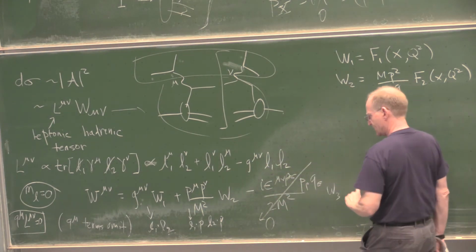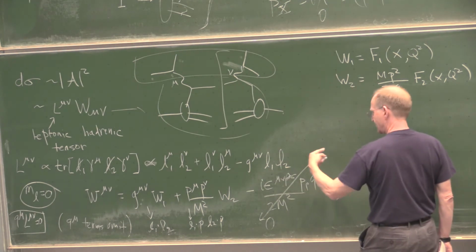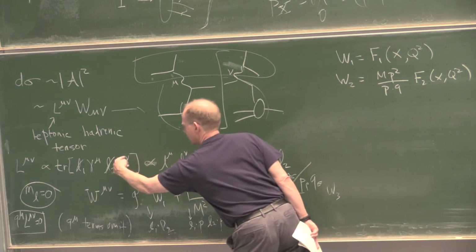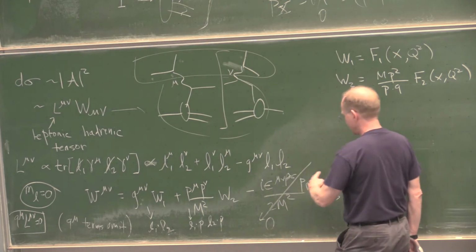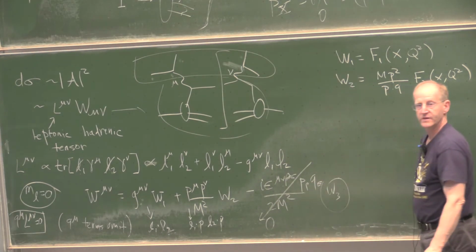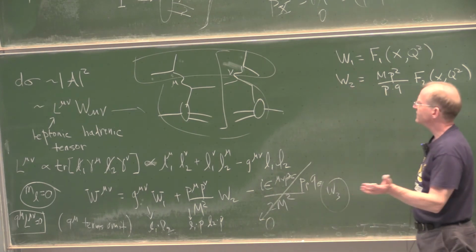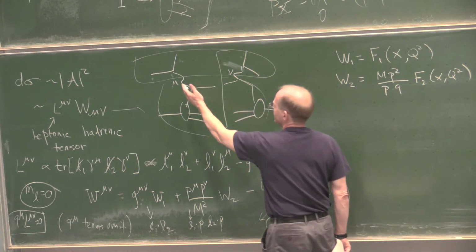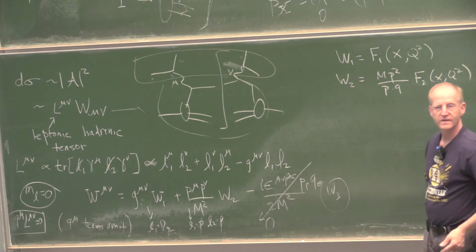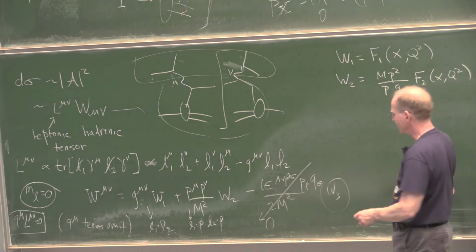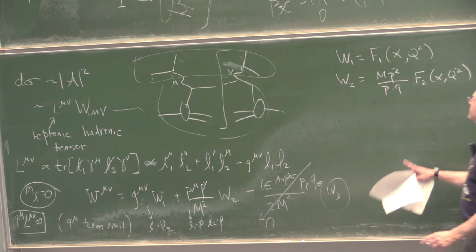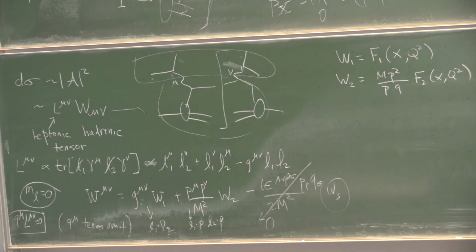But in some cases, when you have a polarized electron, you would get the polarization coming into the leptonic tensor, and then you could get contributions from W3. Also, if you use weak interactions, you can get contributions like this too. But we don't need it here. So we just have two structure functions, F1 and F2, deep inelastic structure functions.